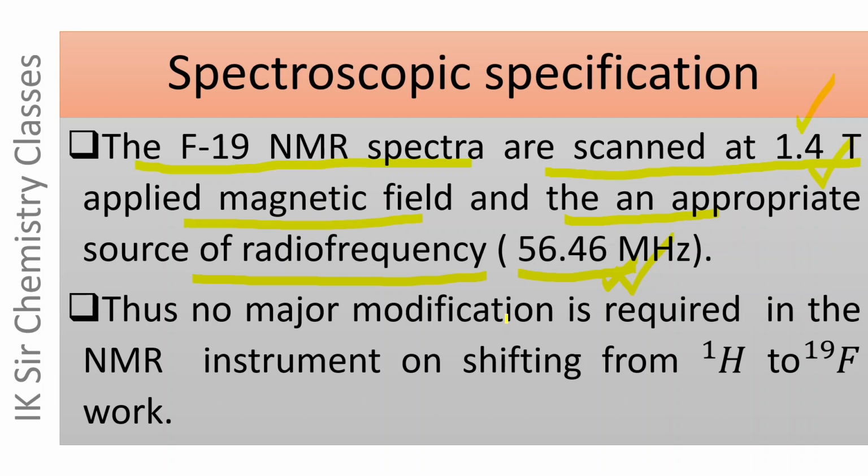And these values are comparable and therefore no major modification is required in NMR instrument on shifting from H1 to F-19 work. The NMR instrument used for scanning PMR, proton magnetic resonance spectrum, can be used to scan F-19 NMR spectra with only slight modification.